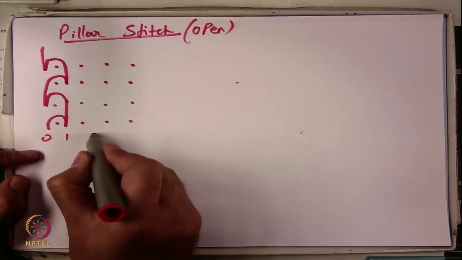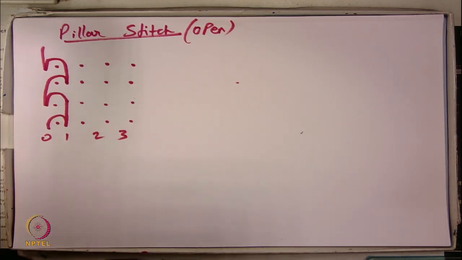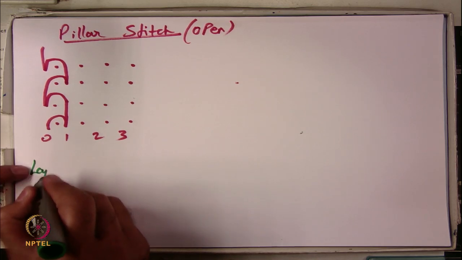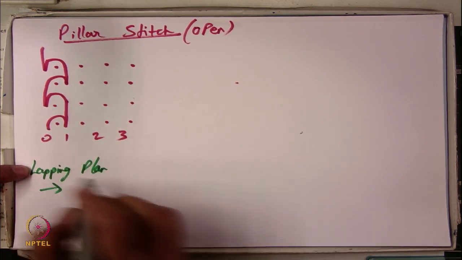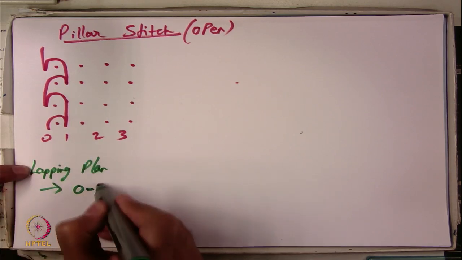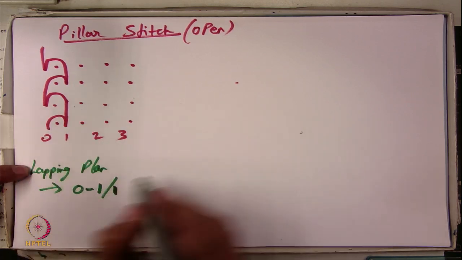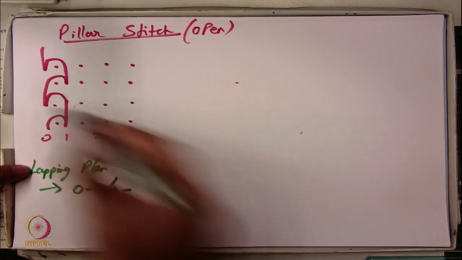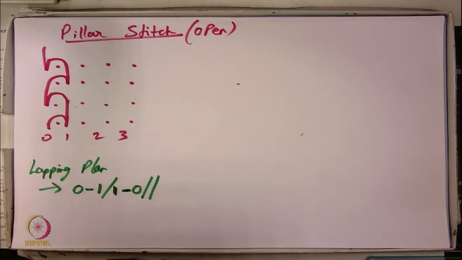So, 0 1 2 3. You can simply note down its lapping plan. So, 0 to 1, then 1 to 1 is the underlap, and then 1 to 0, and this is what is repeating.